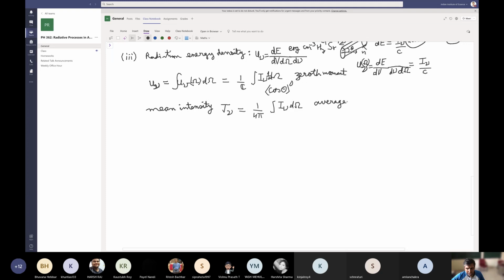So angle averaged intensity, right? You're basically taking the intensity and averaging it over all the different angles. 4 pi is the total solid angle, and you're just adding up I nu along all the directions.